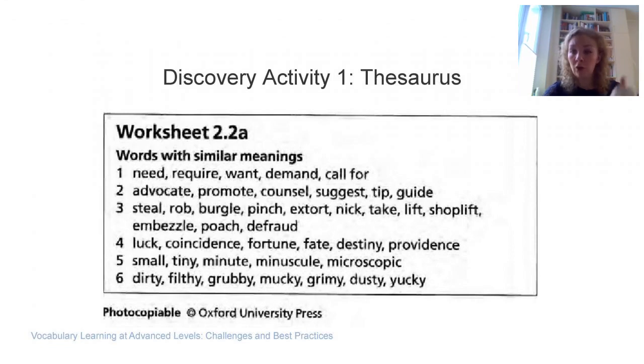So you give them these strings of words, and then you ask them, in five minutes, can you find out what the difference is between those words? They search for some examples, different shades of meaning, and this is how they can discover the differences in meanings of these words and discover how to use a thesaurus.